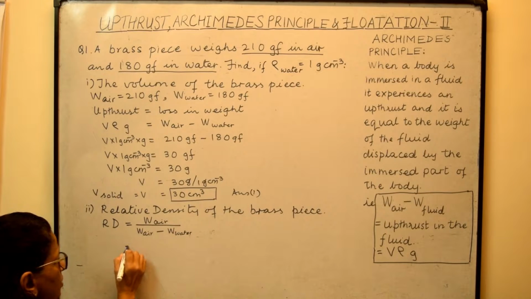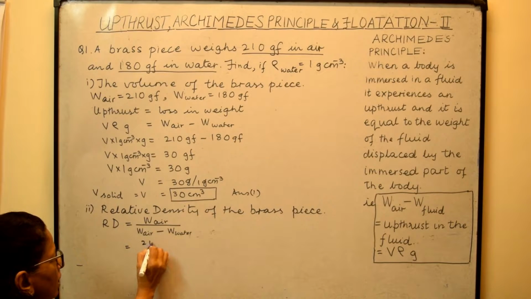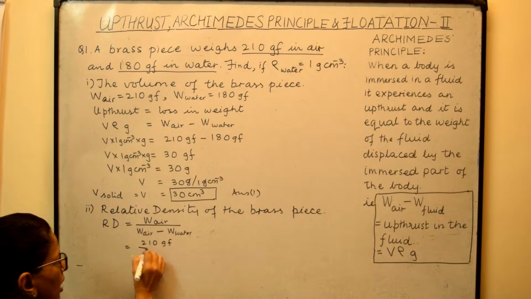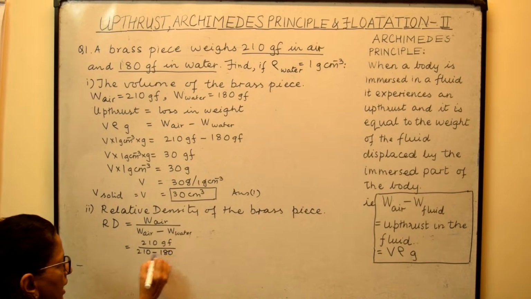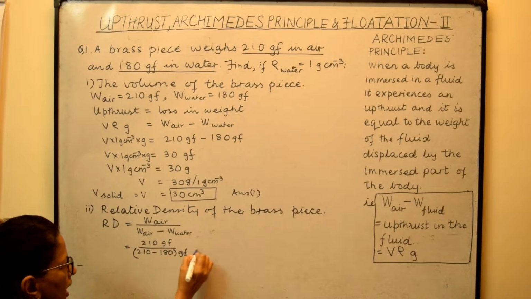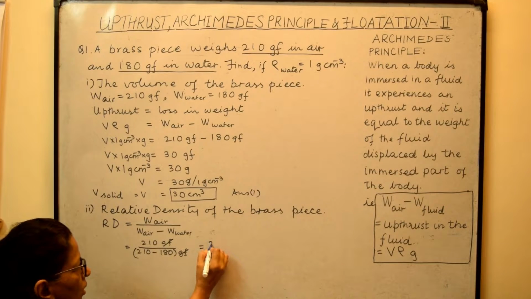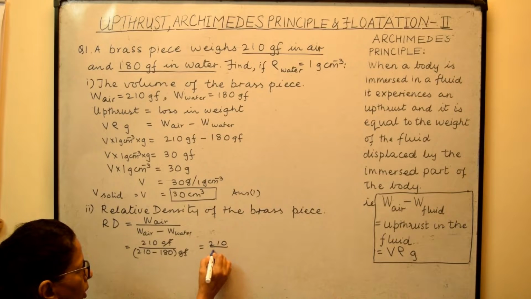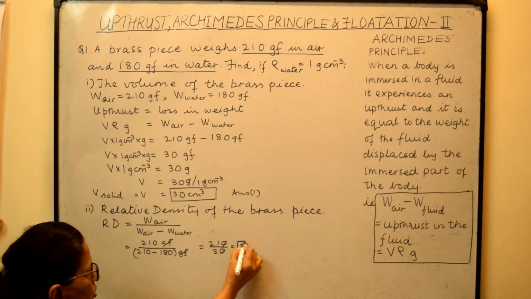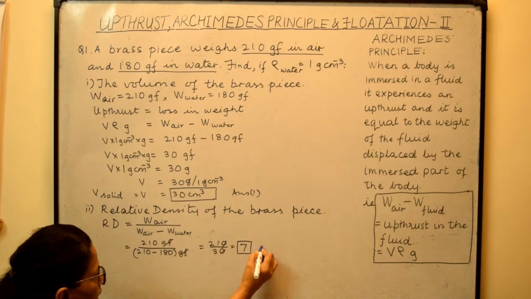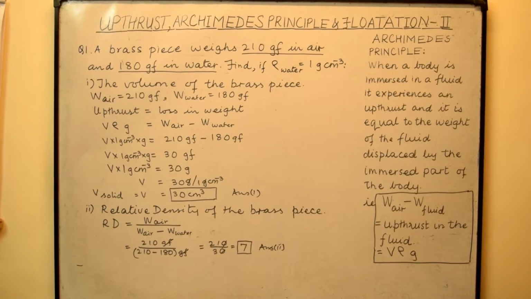And so if we substitute, we will have 210 GF upon 210 minus 180 GF. GF gets cancelled, and that will give us 210 upon 30, and that is 7. So 7 is the relative density of the brass piece, and that is our answer 2.